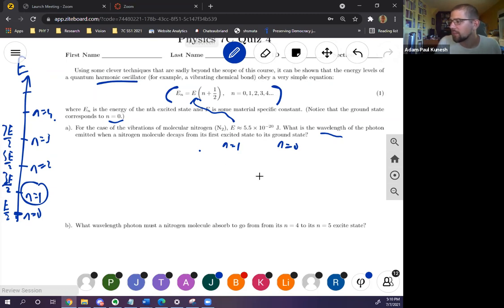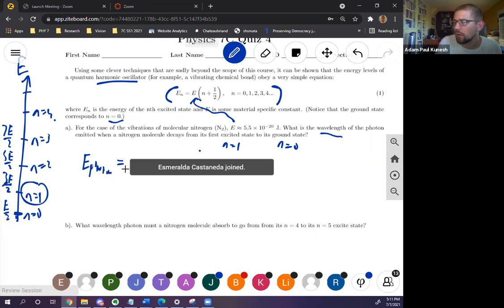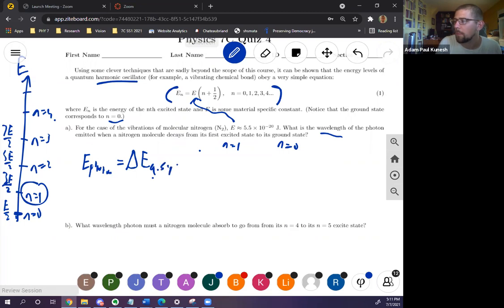What this tells me, the basic idea of the photoelectric effect, is that the energy of a photon emitted or absorbed by a quantum system is equal to the change of energy of the quantum system. What does that mean? In this case, the photon energy is E1 minus E0.